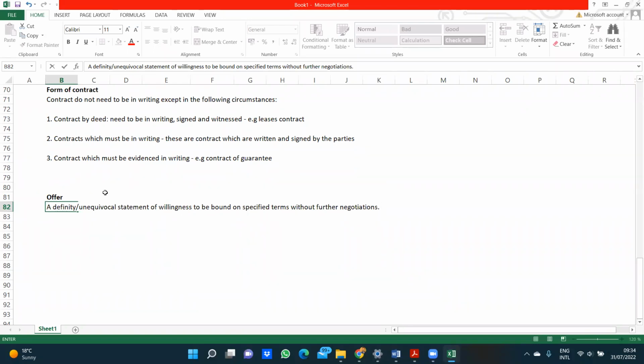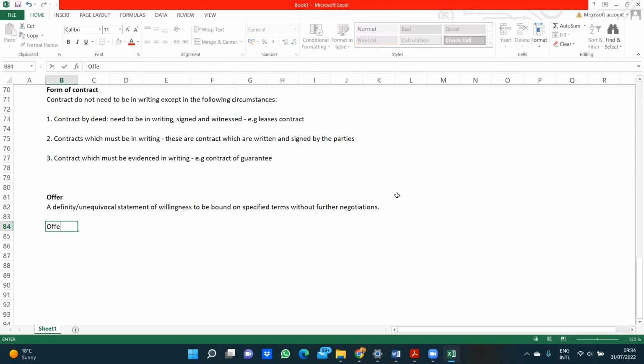When the offer is made, there are no further negotiations. There can be counter offers, which we will discuss later on. But when there is a counter offer, the original offer is refused. It is not accepted. A new offer is made. We will discuss this later on.